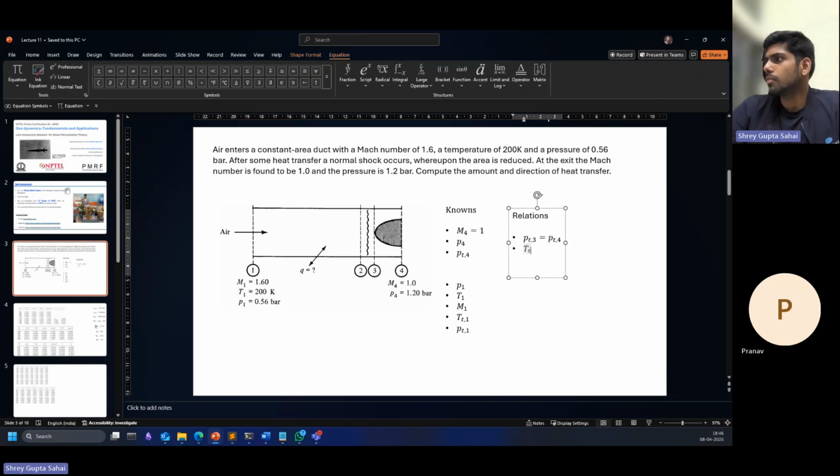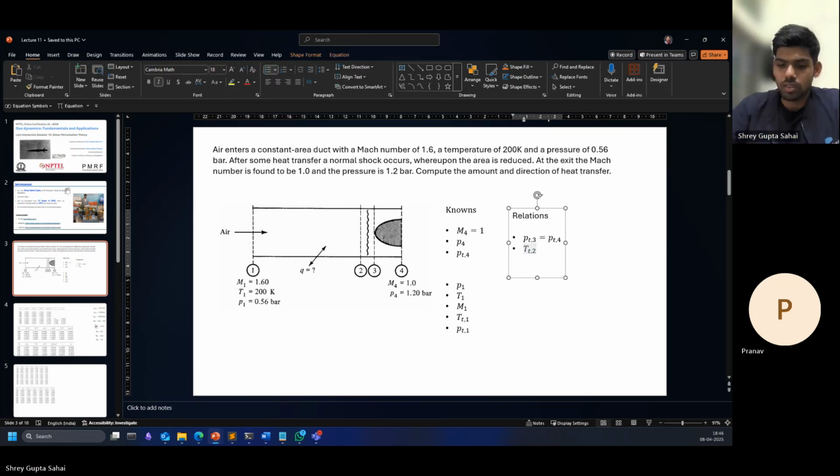Now across the shock, we know that the total temperature remains constant. What else? So 1 to 2 are related by what? They're not related by anything.